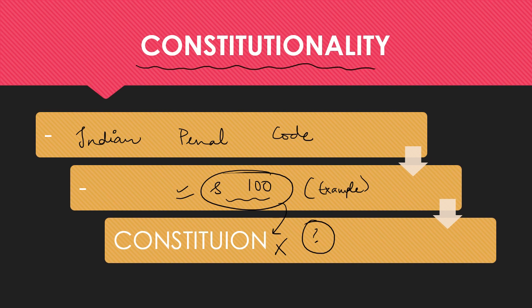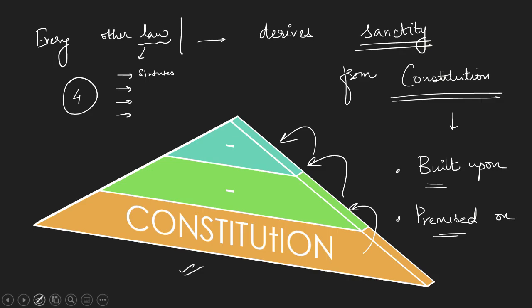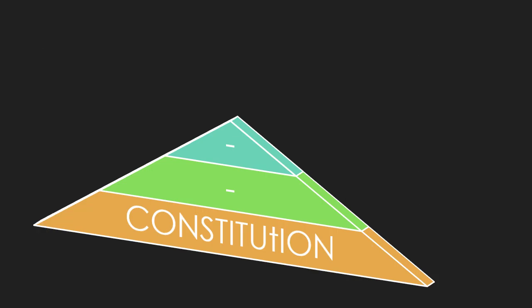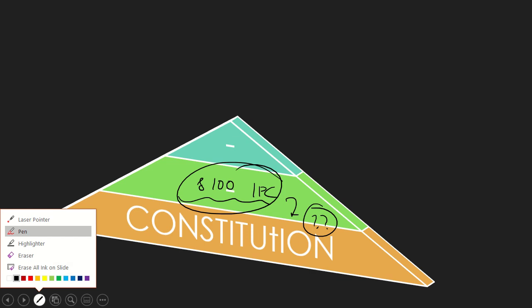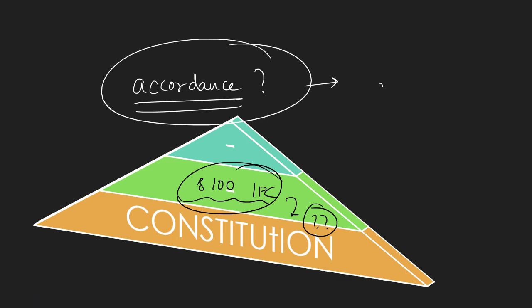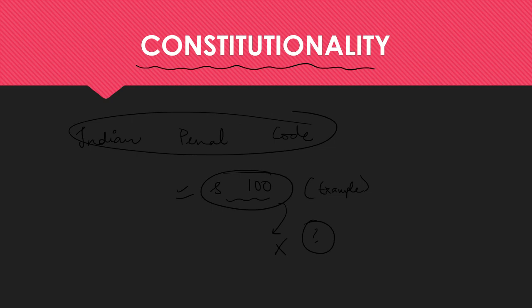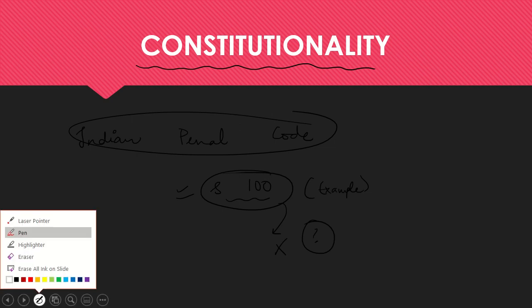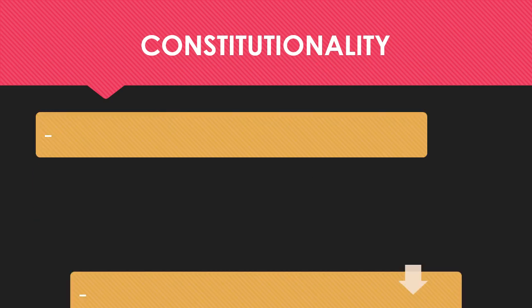When I say we check the constitutionality of a provision, what that means is that we see, if there's a given provision, let us say section 100 of the IPC, is it in accordance with the Constitution? What is the meaning of accordance? Accordance is basically to say, is it according to the Constitution? This is the question we ask.